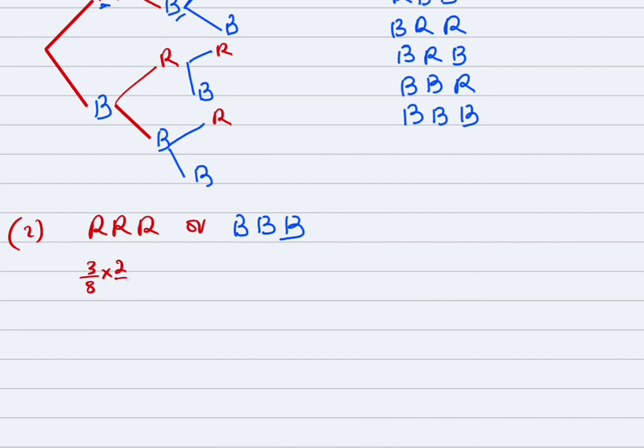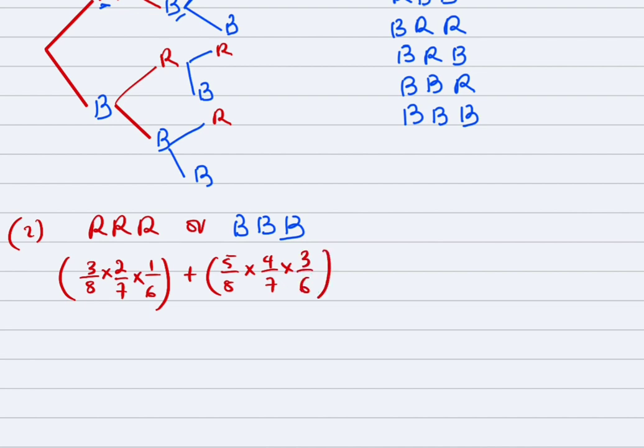So this is going to be 2/7. If you've picked 2 reds, the number of reds has reduced by 2, and the total, which is 8, has now reduced by 2, so you are going to have 1/6. The same thing you are going to do in the case of picking blue, which is 5/8 times 4/7 times 3/6.